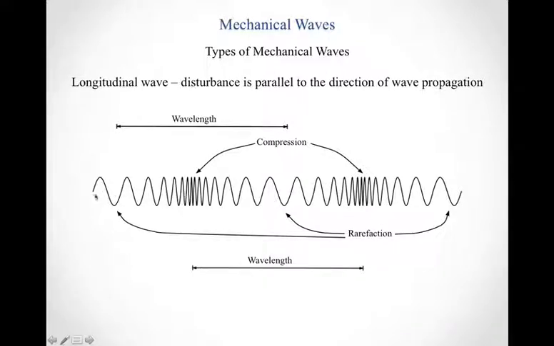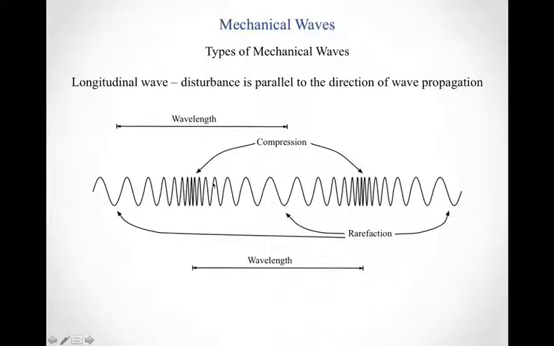If I were to take a spring, and instead of swinging up and down with the spring, I were to grab some of it, pull it back towards myself along the spring, and then let it go, you would see the coils of the spring basically scrunch up and spread out as that wave pattern moved back and forth along your spring. That's what this image is showing. Your compressions, you can think of them as like peaks. Your rarefactions are like the troughs.